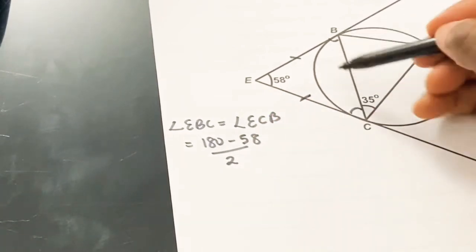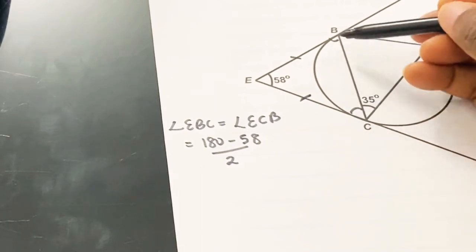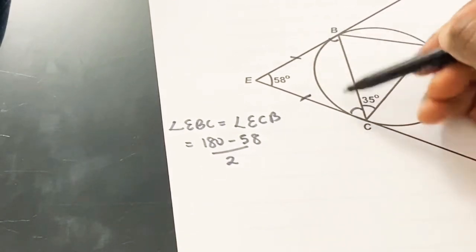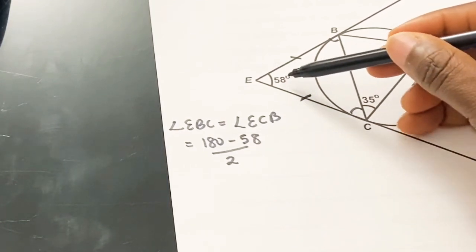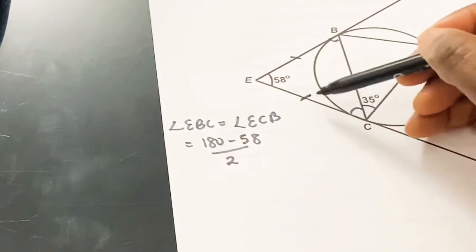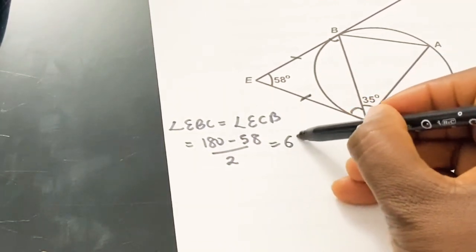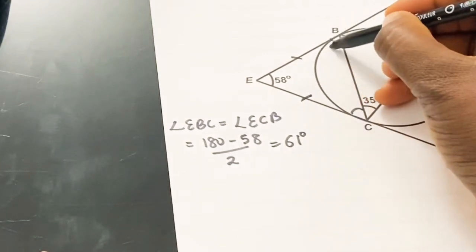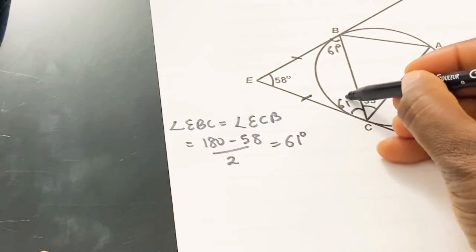I'm halving it because I want to split it between these two, since they are equal. Subtracting 58 from 180 degrees, angles in a triangle, gives me 61 degrees. So here I have 61 degrees, and here 61 degrees.